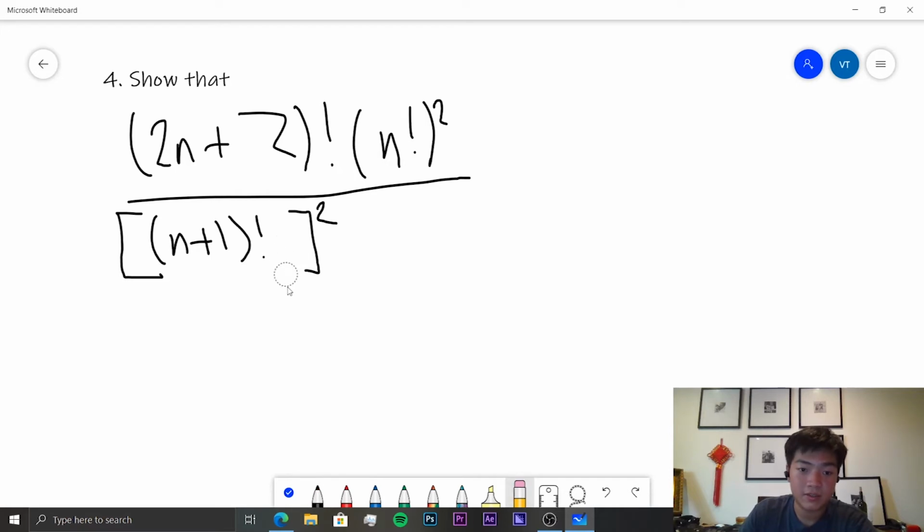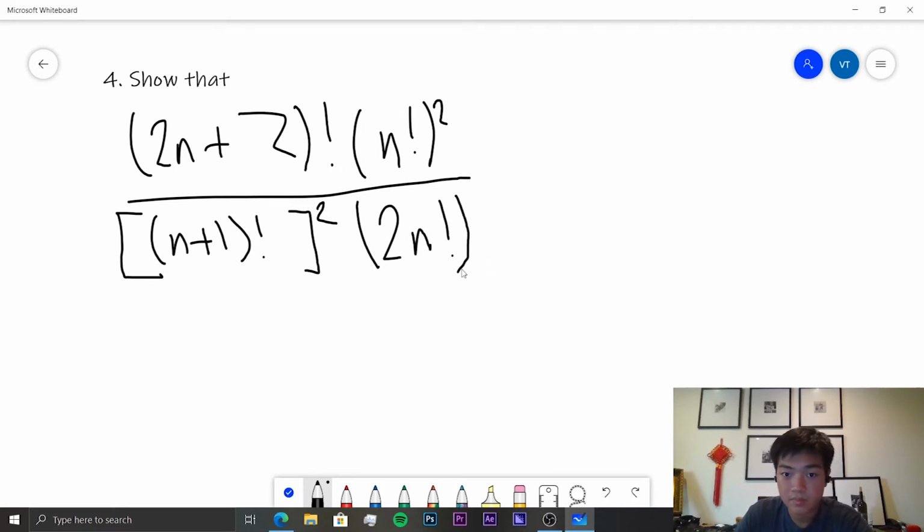I don't know why I have an extra line there. Times 2n factorial. Sorry, 2n factorial on the outside.